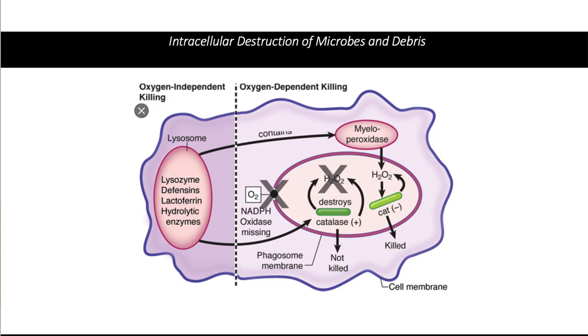The killing and degradation of microbes and elimination of dead cell debris within neutrophils and macrophages occur most efficiently after their activation. All these killing mechanisms are normally sequestered in lysosomes, to which phagocytized materials are brought. Those potentially harmful substances are segregated from the cell's cytoplasm and nucleus to avoid damage to the phagocyte while it is performing its normal function.